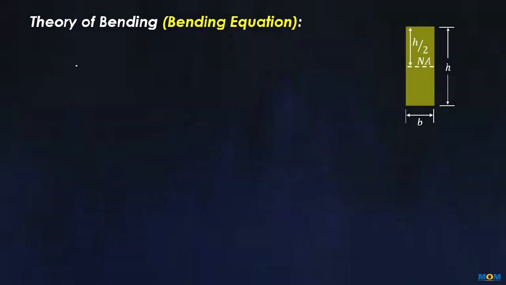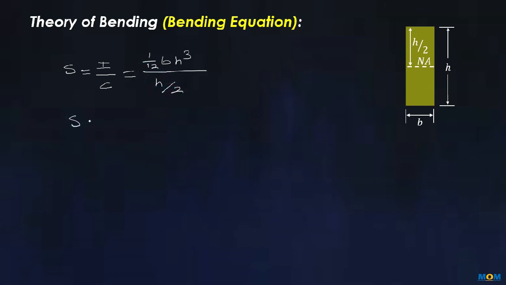Now considering section modulus, that is the ratio I upon C, we can write the values of I, that is 1 upon 12 BH cube over H upon 2.